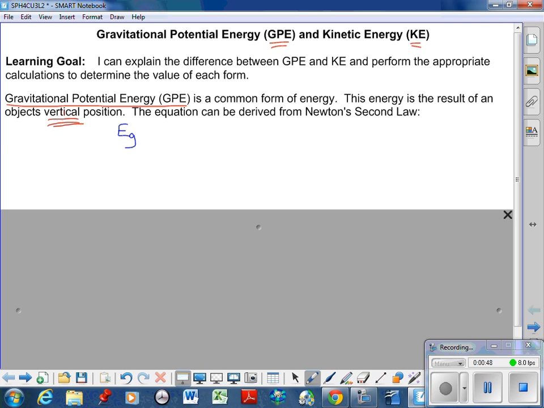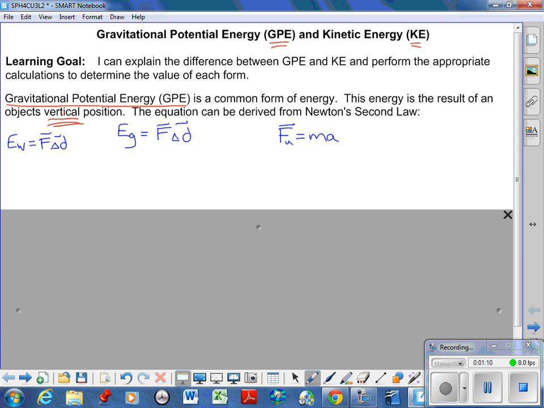Okay, the other day we did work energy, which is force times displacement. So gravitational energy is very, very similar to force times displacement. Okay. Our force, though, from Newton's second law was F = ma.